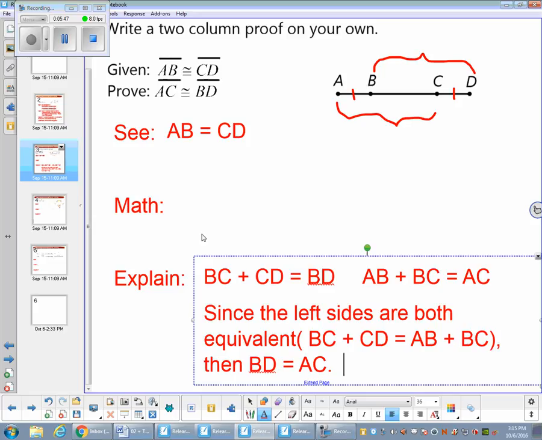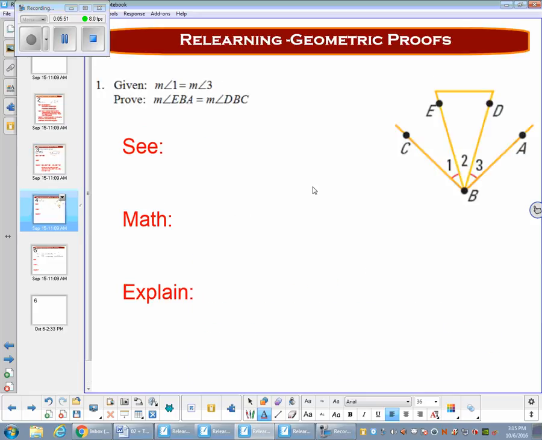Let's try another, and this is both math and explanation all in one. All right, here we know angle 1 and angle 3 are congruent, and they put that in the drawing. I like it when there's a little tick mark there, but not everybody does that. Why is EBA congruent to DBC? This is very similar to the last one, but it's using angles. So what I see is there's angles 1, 2, and 3.